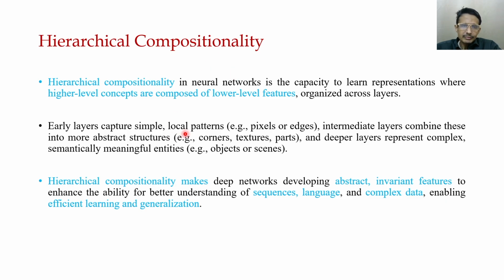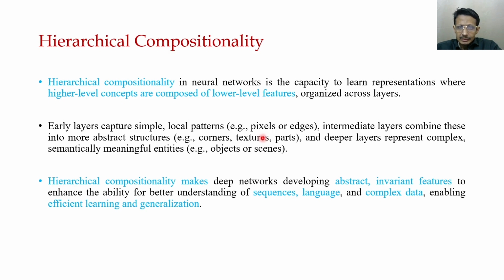We have already said quite a few times that local patterns like pixels or edges are modeled by the initial hidden layers. Then intermediate layers combine these pixels and edges to get more abstract structures like corners, textures, parts of objects, something like that.